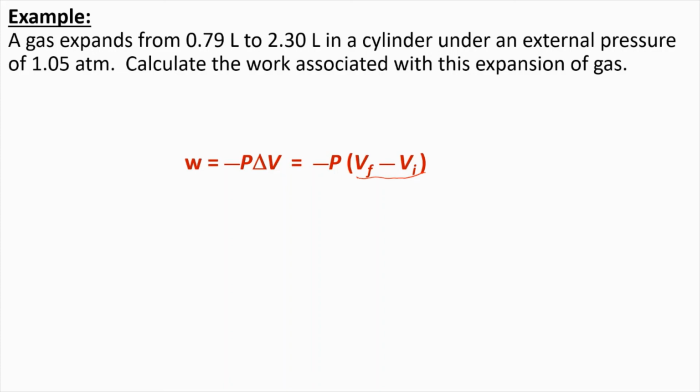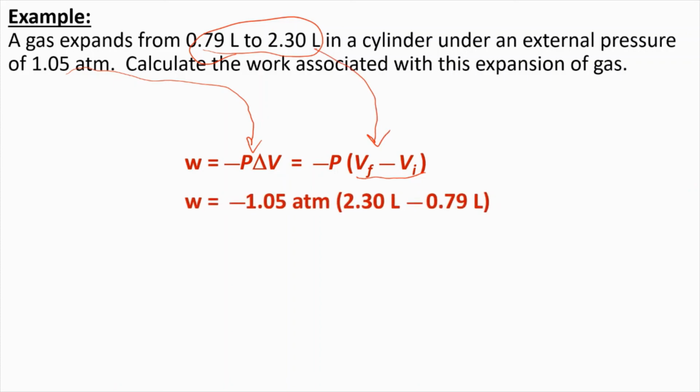So my pressure is 1.05, and my volume is final minus initial. So negative 1.05 atmospheres times 2.3 minus 0.79 liters gives me a work of negative 1.59 liter-atmospheres.